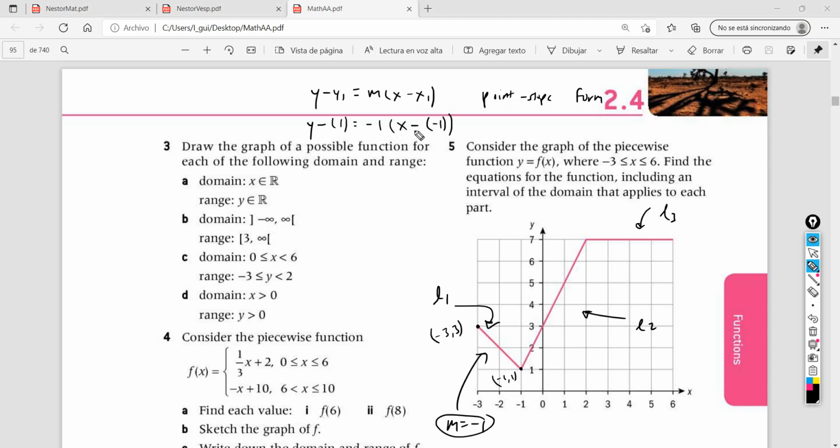That's it. So this is the equation, guys, and then you can drop the parentheses properly, right? Like you can do this: y minus 1 equals minus x, and then minus times minus, that's gonna be plus 1. That's it. This is the equation, guys. y minus 1 equals minus x minus 1.